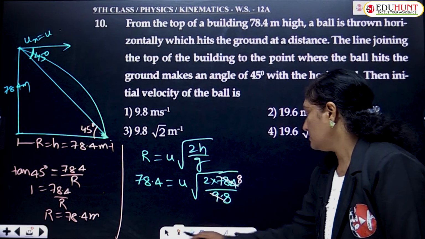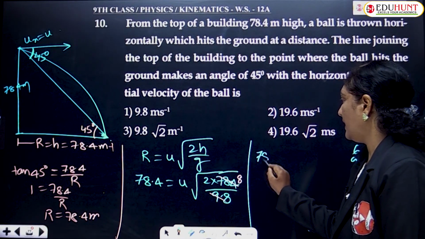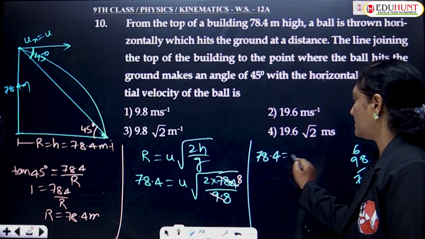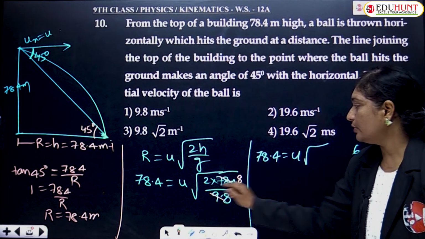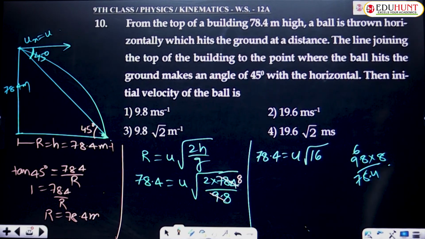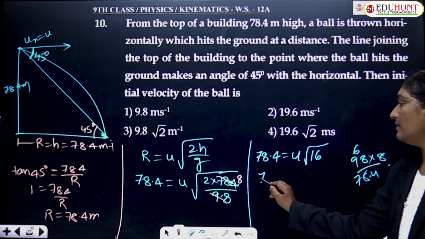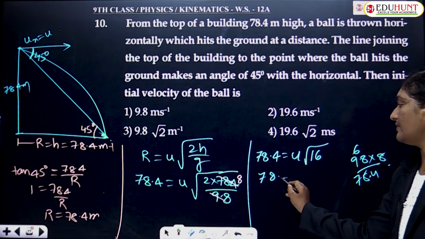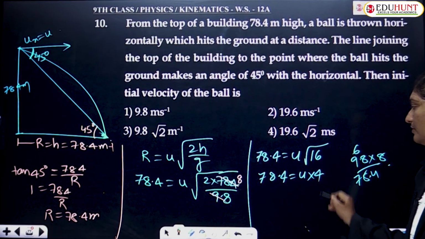So solving the above equation, we have 78.4 is equal to u times root over 2 into 8, which is 16. How much is that? Root 16. Root 16 is how much, children? Root 16 is 4. So 78.4 is equal to u into 4.